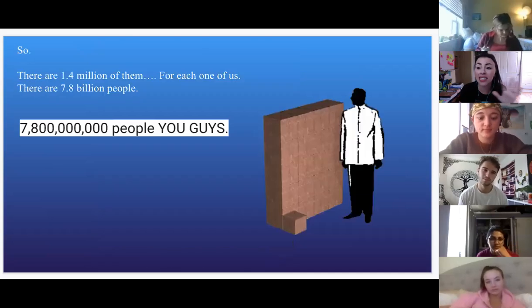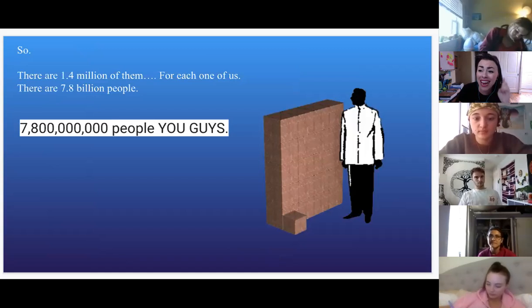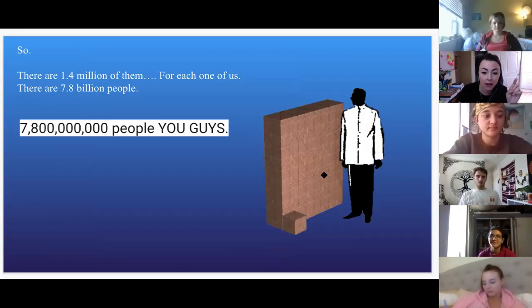So, sort of a last general fact: for every one of us, there's 1.4 million of them. That's about 10 pounds of ants for every single one of us. So this right here is like a stack of 1,000,000 pennies. So there's 1.4 million ants for every one of us.